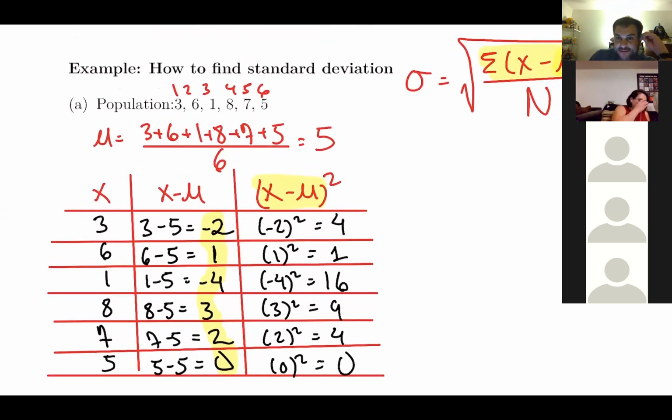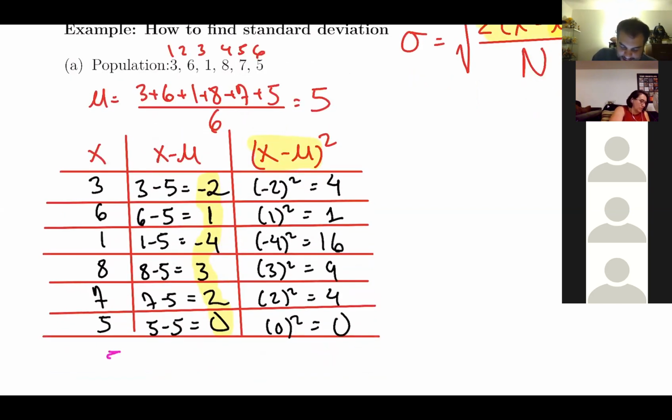So if you look at this formula, we have this symbol over here. What does that symbol symbolize again? Add. So in order to get the summation of x minus mu squared, you add up all of the numbers on the last column.